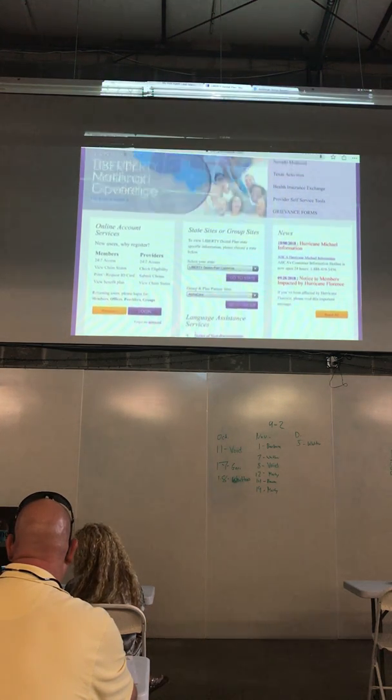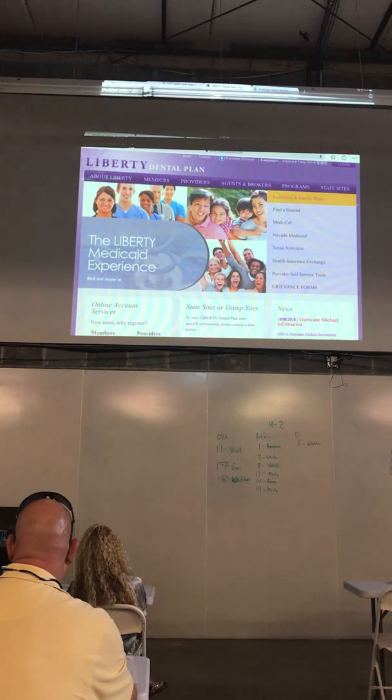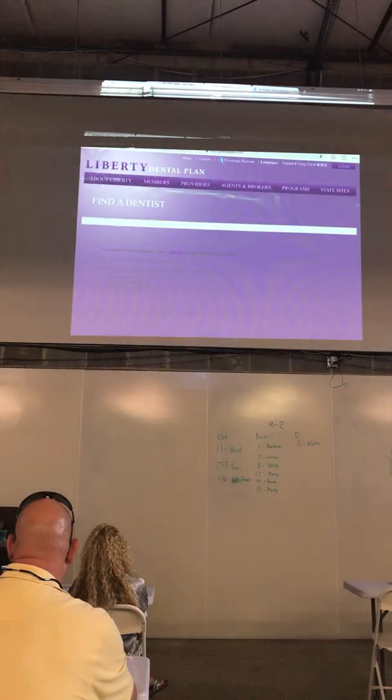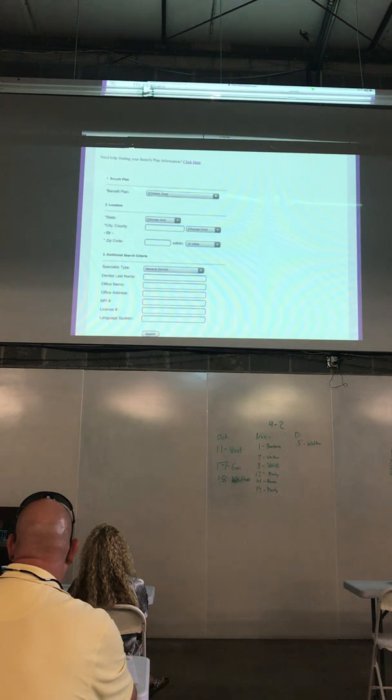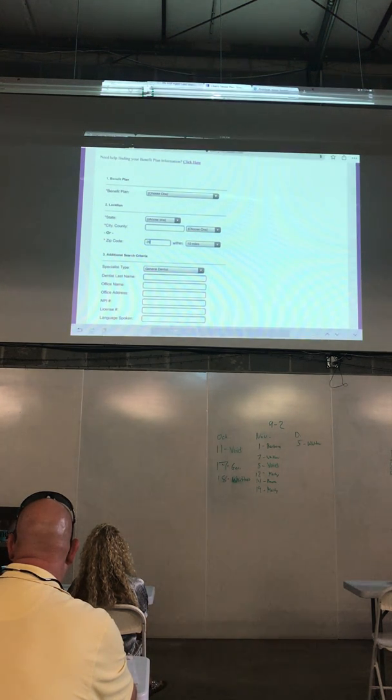So let me find out where you need to go, because you find a dentist and you've got to do it generically. You can choose benefit plan or something there.